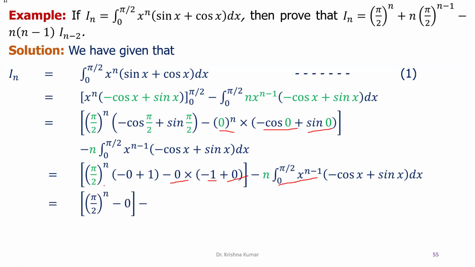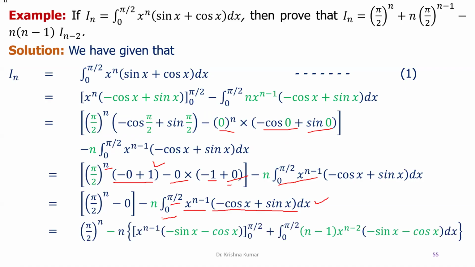Again simplify it: minus 0 plus 1 is 1. So we have (pi by 2)^n, minus this part which is 0, and then again minus n, integration of x to the power n minus 1 into (minus cos x plus sin x) with respect to x under the limit 0 to pi by 2.